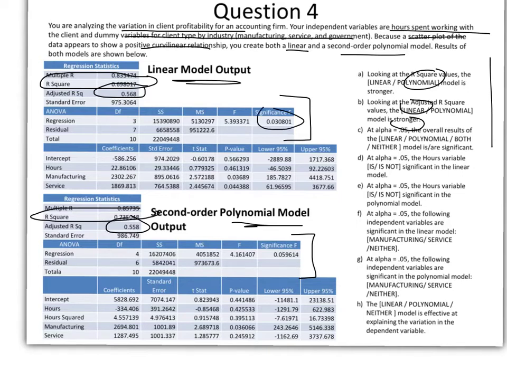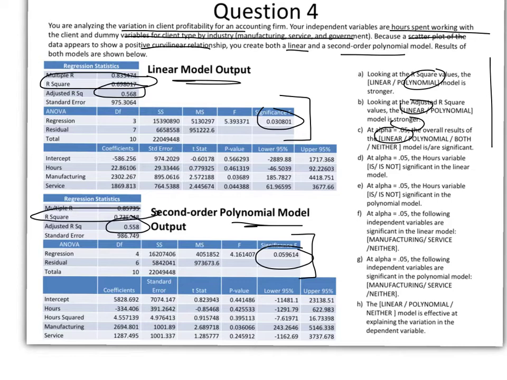The likelihood of that result is 0.03. So that's significant, the overall model, since 0.03 is less than 0.05. And then on the polynomial, we've got 0.05, actually closer to 6% probability, but it's not less than 0.05. So in part C, only the linear model's overall results are significant.